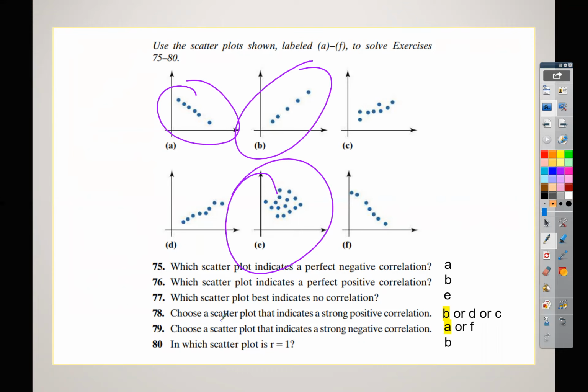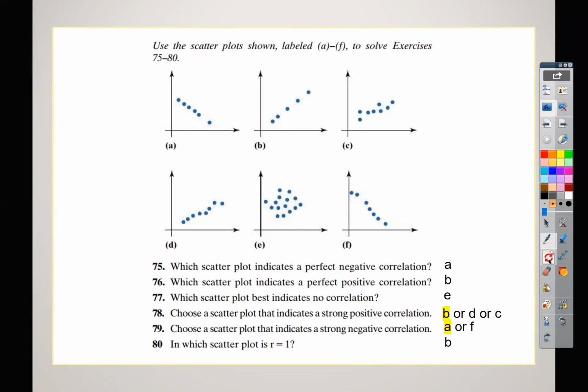Choose a scatter plot that indicates a strong positive. B is a perfect positive, right? That's perfect. D is also pretty strong. C is decent, it's not the best. So perfect, strong. I would say B or D indicates a strong positive.